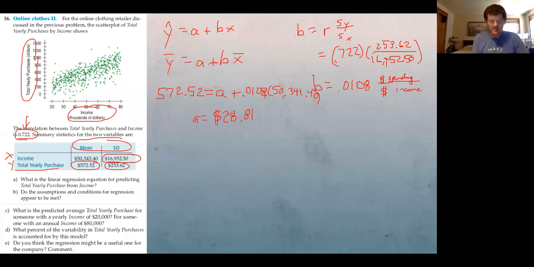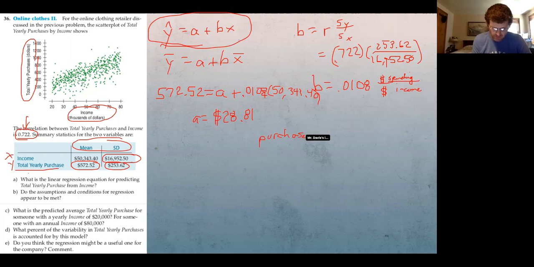So just to put this in context, I'm not just going to plug it into this equation right here, which I could, but I want to provide a little bit more context. So I'll just put purchase, which in our case will be the total annual purchase. The predicted purchase will be $28.81 plus 0.0108.